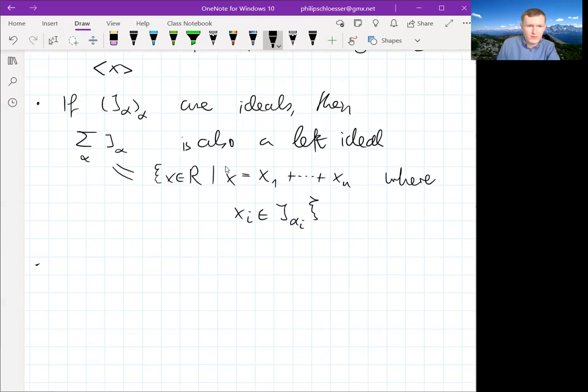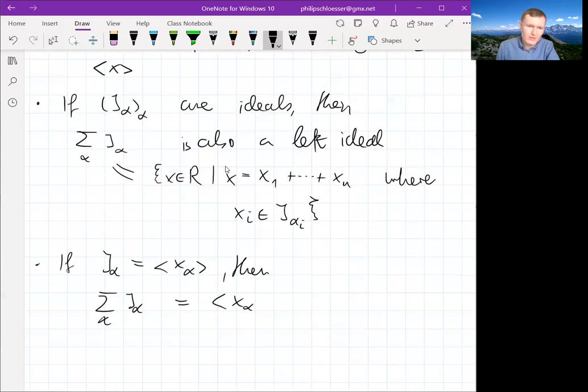And if those things here are principal ideals, then there's also a special kind of notation for the sum of the I alpha, where capital A is the index set for our indices.